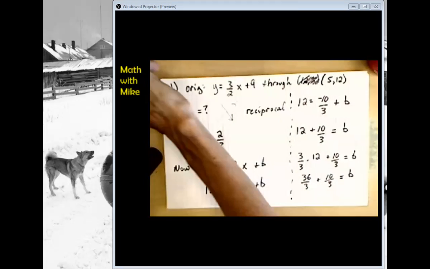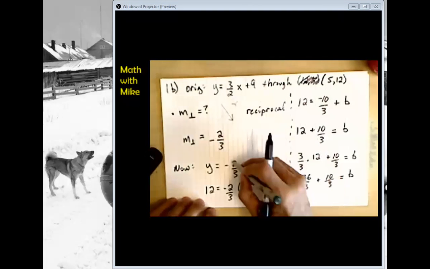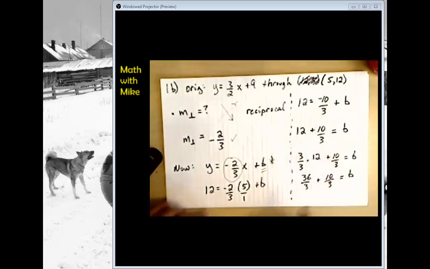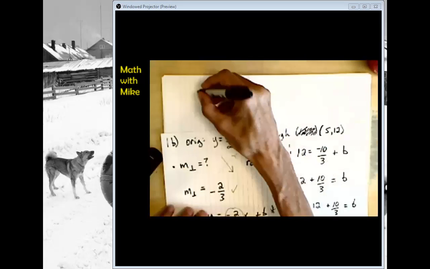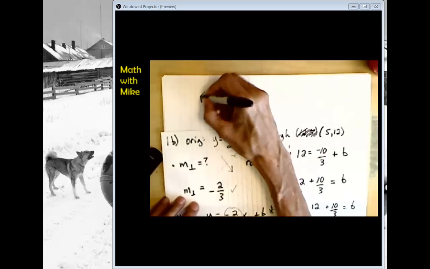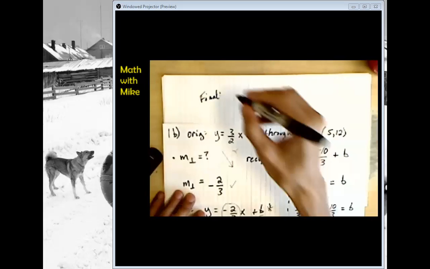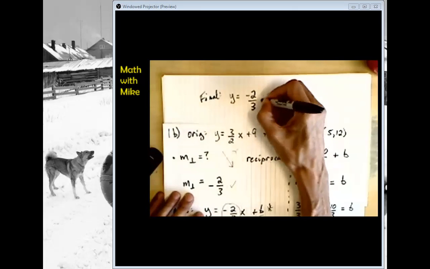This one here has our updated slope. We just need B, and we got B now: 46 when we put it in there. Okay, so the final answer will be y is equal to minus 2 over 3x.